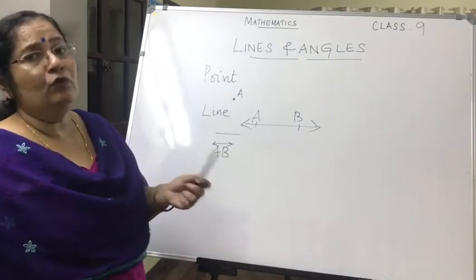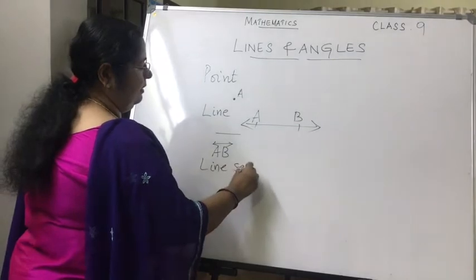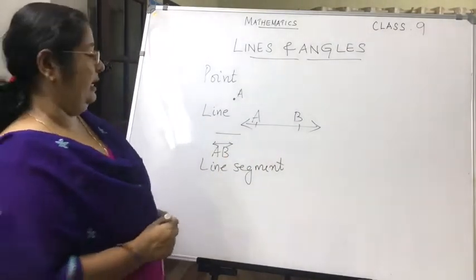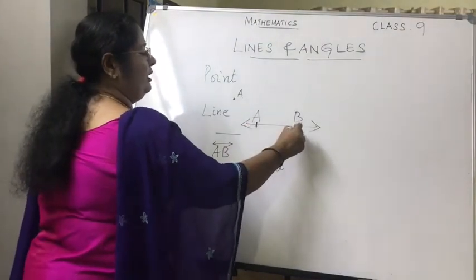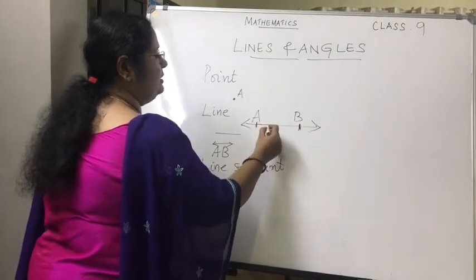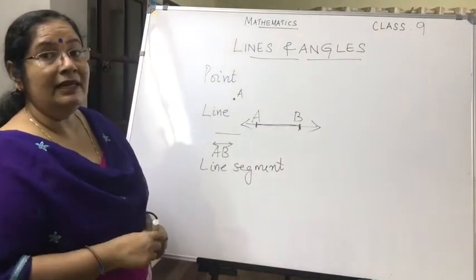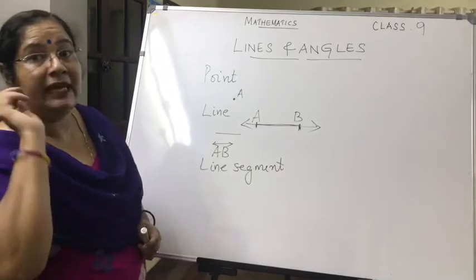Now, what is a line segment? A line segment is a part of a line. You have a line, and one particular portion, starting from here and ending here, is called a line segment. So this is line segment AB.